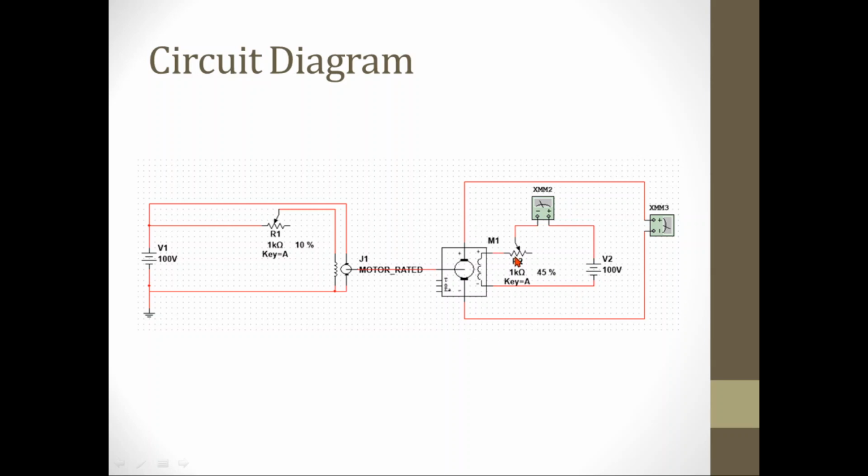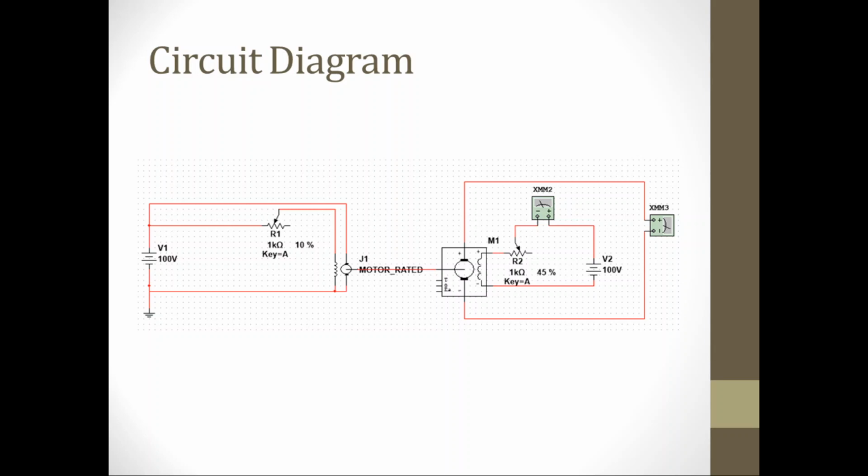Depending on the source of the magnetism, the DC generator can be termed separately excited if the field winding is given by a separate source. If the field winding is excited by the generator's output voltage, then the generator is termed a self-excited generator.